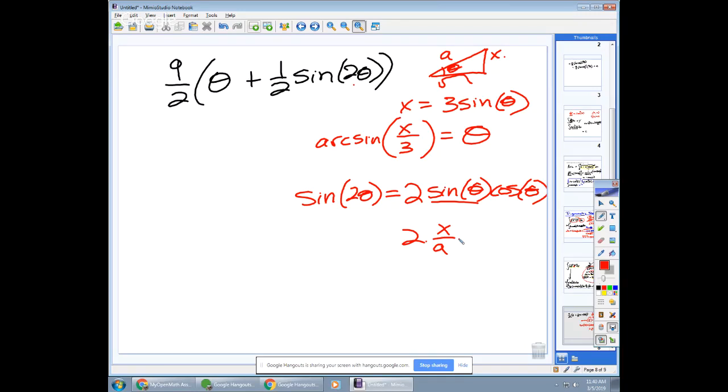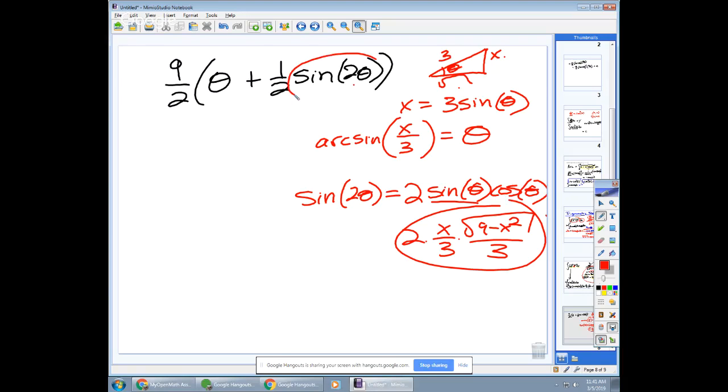And then the cosine is the square root over a. Oh, a is 3. Sorry, I should have written that down. So then I have the square root of 9 minus x squared over 3. So this gets plugged in for the sine, and this gets plugged in for theta.